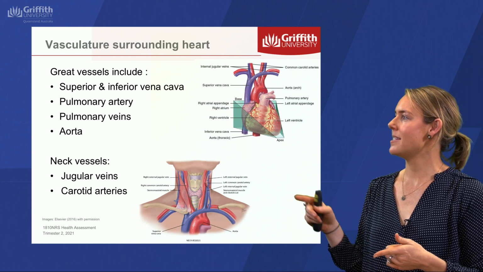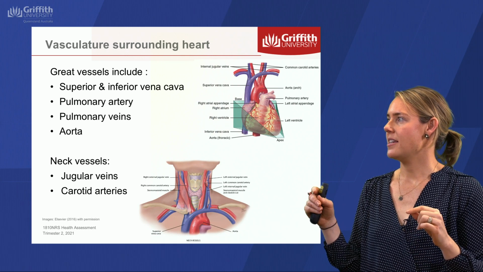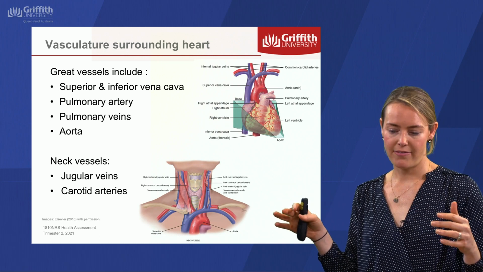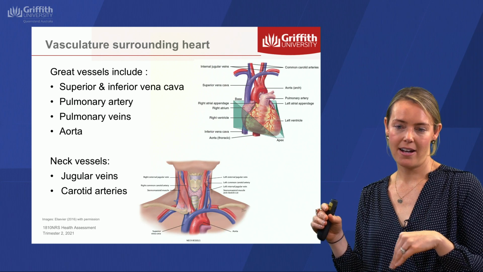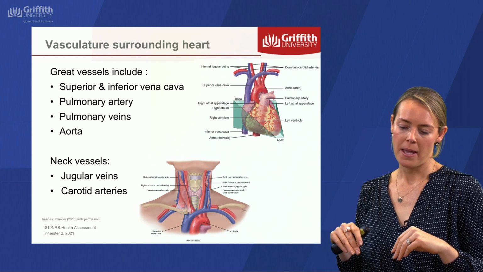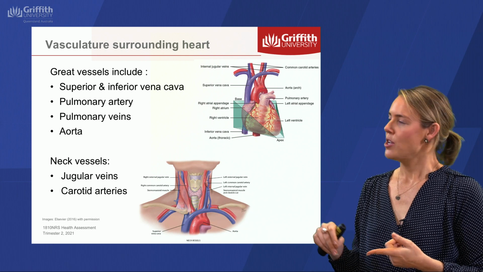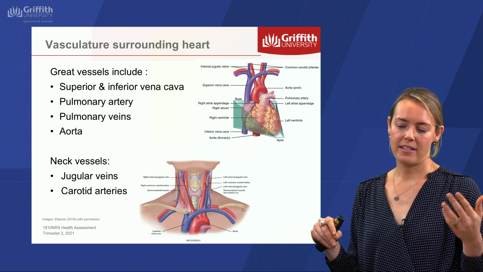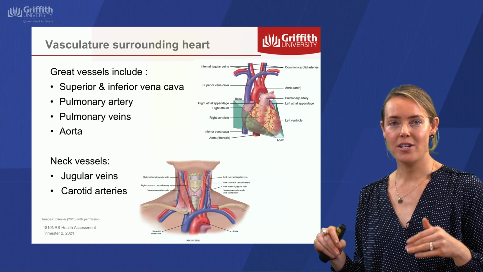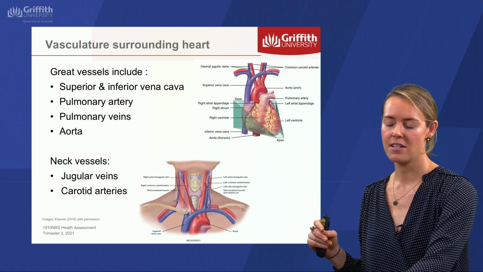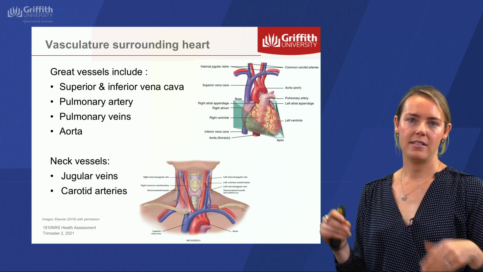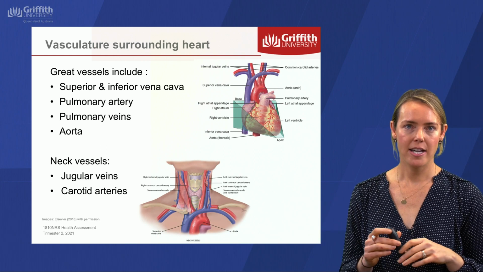Then we have some additional vasculature that relates to our neck vessels, but they're still quite close to the heart, so that's why we include them here. We've got our jugular vein. Its role is to return or drain deoxygenated blood from the head and the neck back to the heart. We'll discuss this more in our physical examination of our patient.